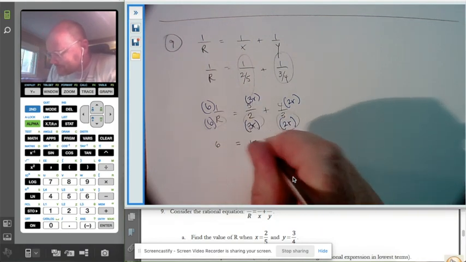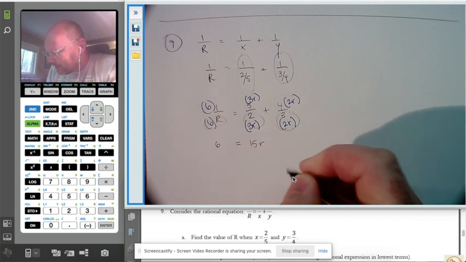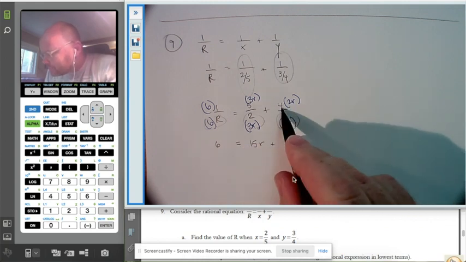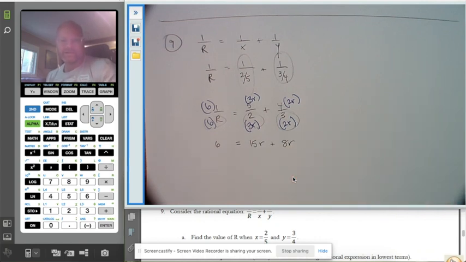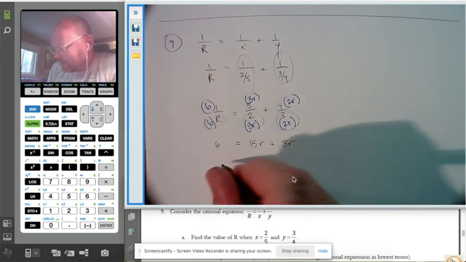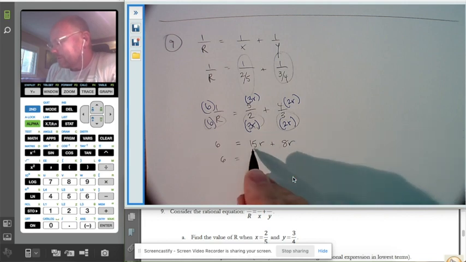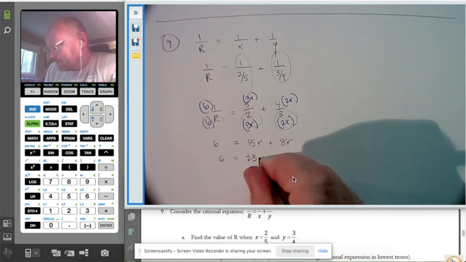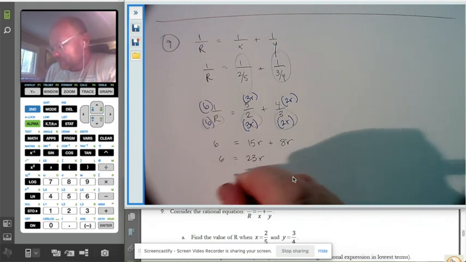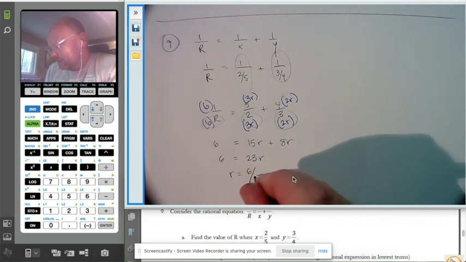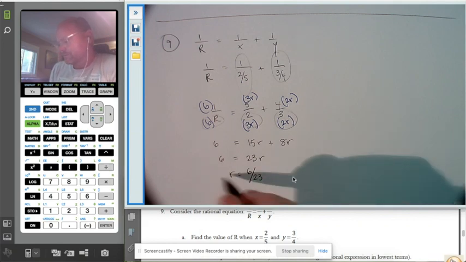How do I make 6 equal 15r plus 4 times 2r, which is 8r? How do I make 6 equal 15r plus 8r? Well, that's a total of 23r. And so when you divide 6 by 23, I'll just leave it as 6 over 23. r is whatever 6 over 23 is.